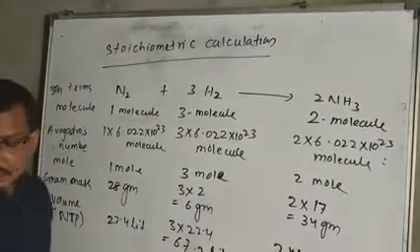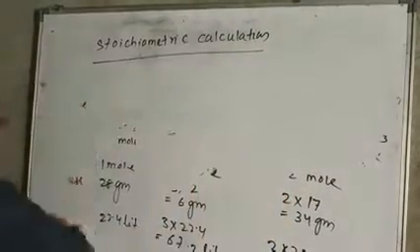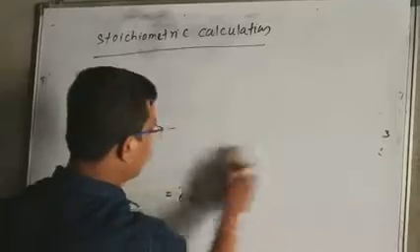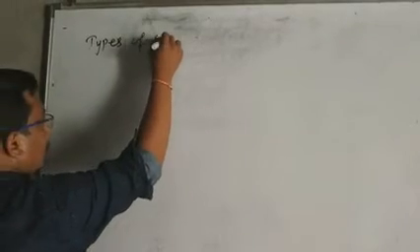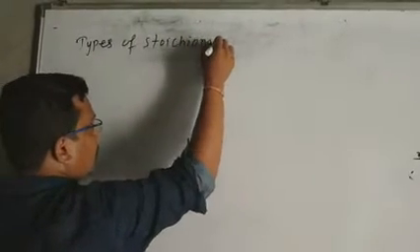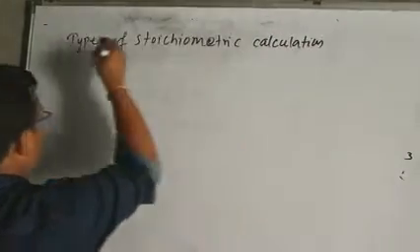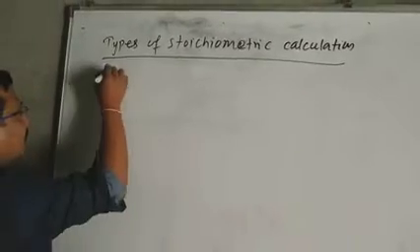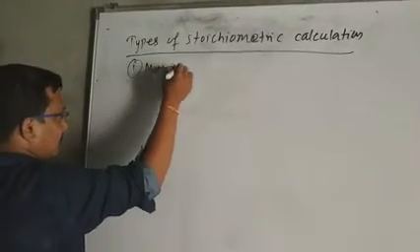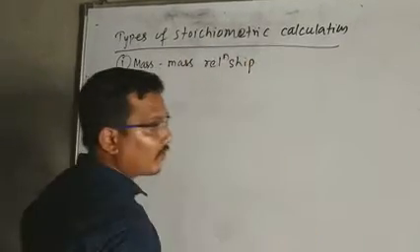If you think about the calculation, we can also calculate different types of stoichiometric calculation. So we can write the heading: types of stoichiometry calculation. There are different types. One is the mass relationship stoichiometry calculation.